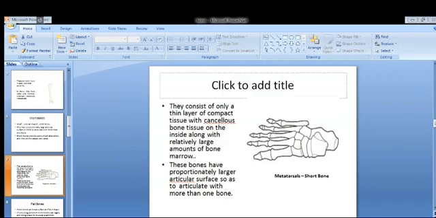These bones have proportionately larger articular surface so as to articulate with more than one bone. So sometimes they have to articulate here.